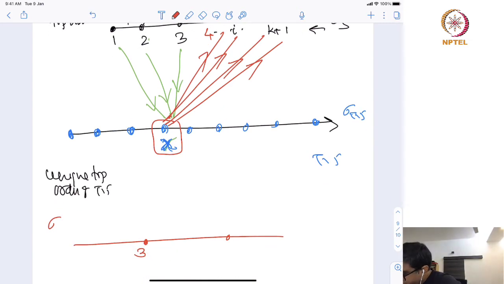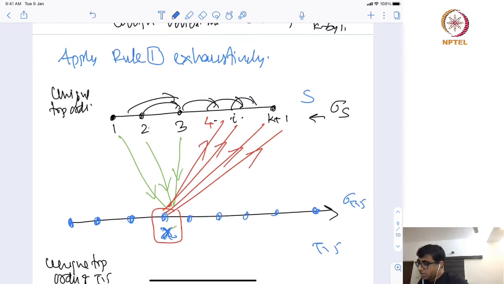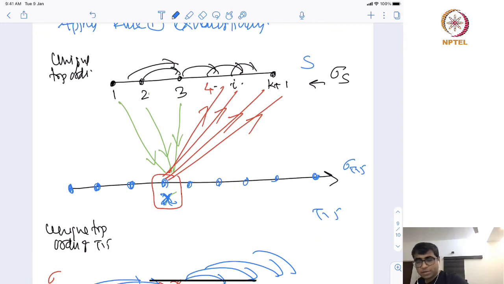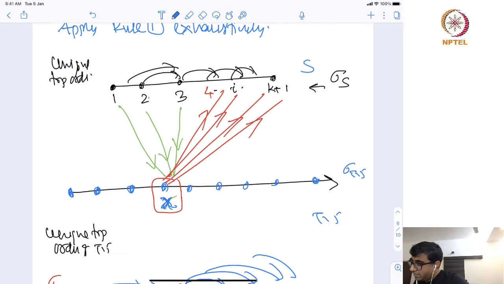So x goes into the location between 3 and 4, because then only all the arcs from 1, because you know that 1, 2, 3 to k is going to be the order in which they are, because they are not going to be deleted, only then this and this will have arcs like this. So either x is part of my tournament feedback vertex set, or x is going to be in the location 3 to 4. Notice that for every vertex there is one particular location where it can belong.